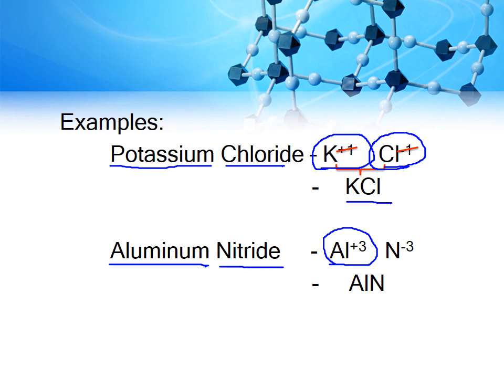And the symbol of the anion, which is nitride, with its oxidation number, and that is N negative 3. According to the rule, if they have the same oxidation numbers, we will just omit the oxidation numbers and combine the two ions. So here, the correct formula of aluminum nitride is AlN.